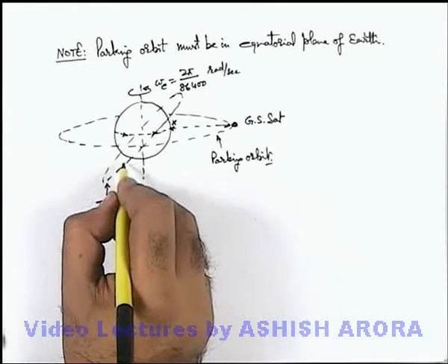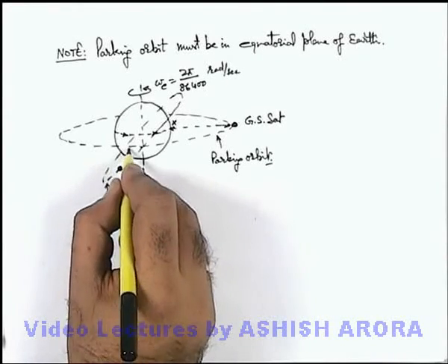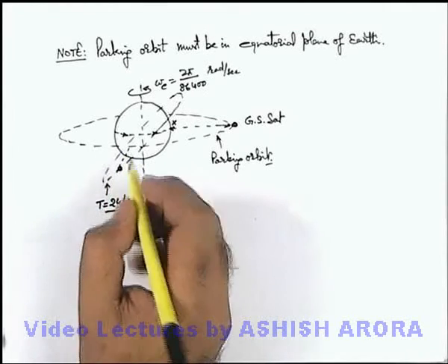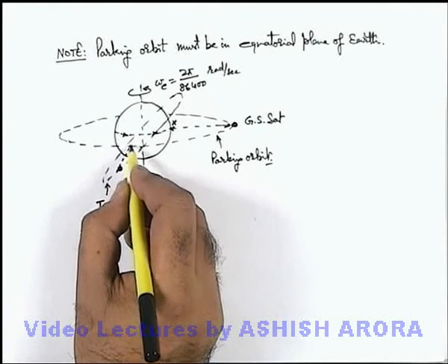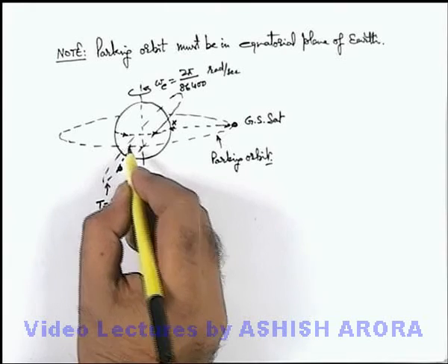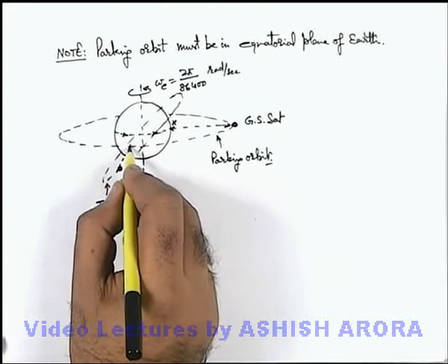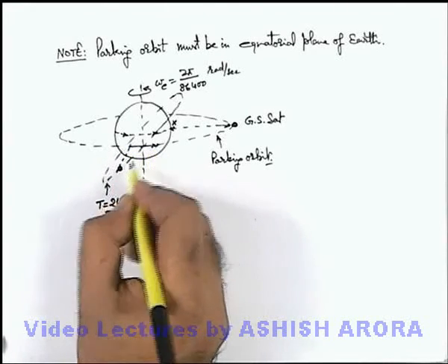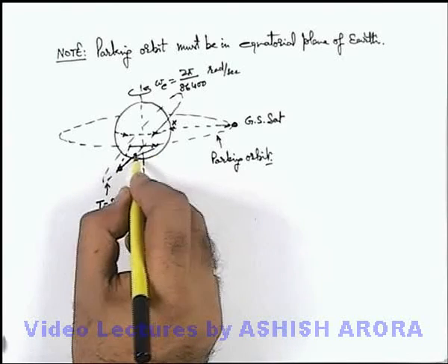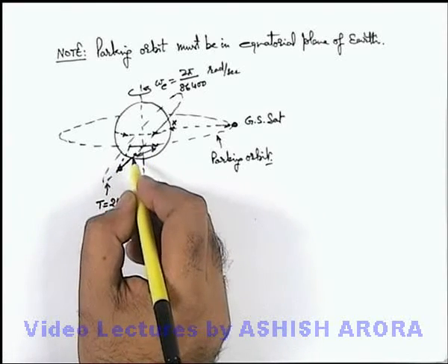The reason is that if there is a point vertically above a location on the equator or anywhere else, then after some time, due to rotation of Earth, this point will reach here and the satellite will reach there, so they will be inclined later on.